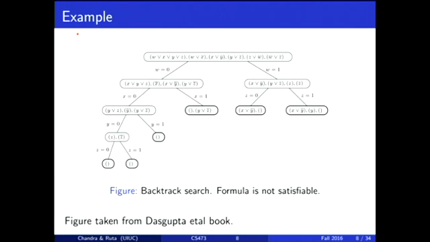In practice, the formula can simplify substantially, depending on what the formula looks like. So instead of doing a brute force search, you can do a clever backtrack search, and at some point, look at this formula. What is the nice thing about this formula? It is a 2-SAT formula. All clauses have at most two variables.